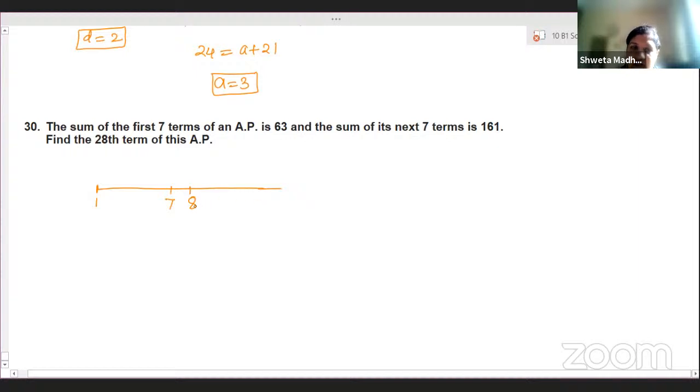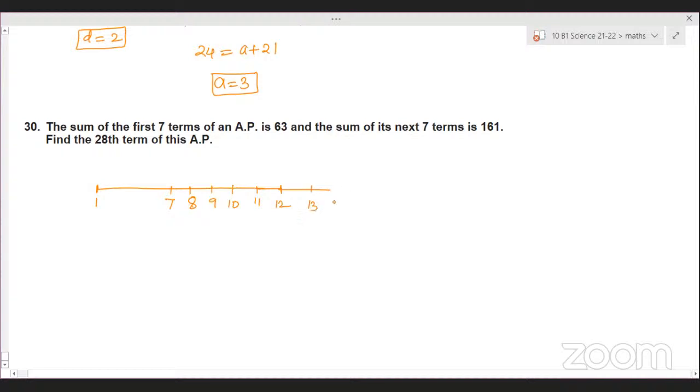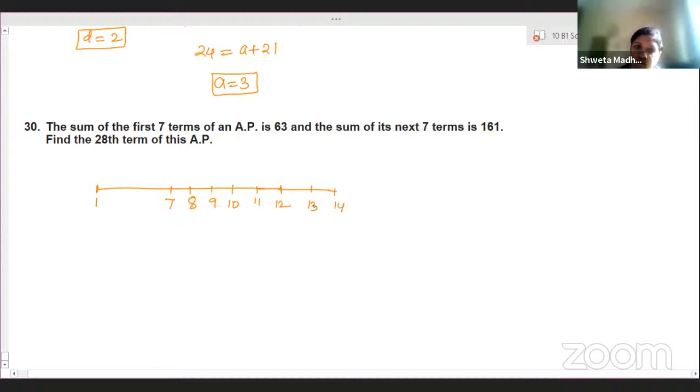Sum of next 7 terms, that means from 8, 7 terms, which will be the last term? 8, 9, 10, 11, 12, 13, 14. 1, 2, 3, 4, 5, 6, 7 till 14. So from A8 plus A9 plus 10th term plus 11th term plus 12th term plus 13th term plus 14th term, the sum of this is 161.